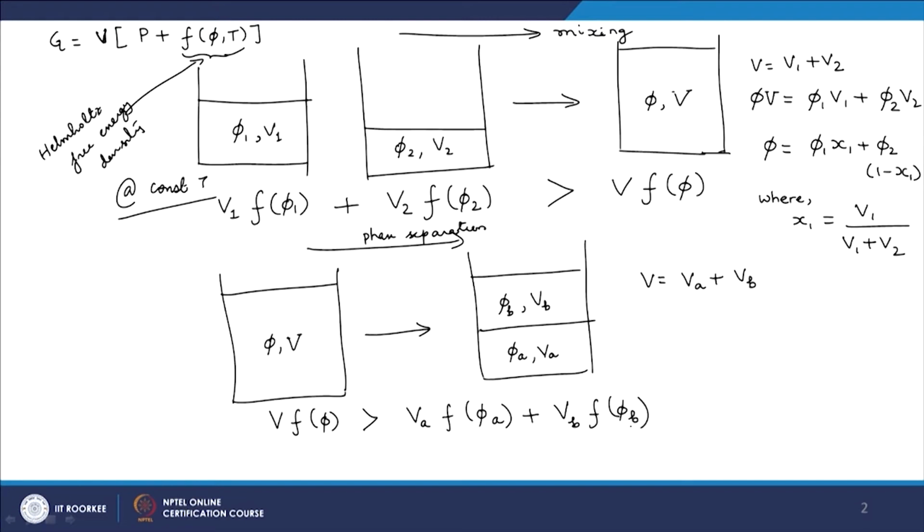To put it simply, mixing or phase separation is given by a free energy criterion: whichever direction leads to a decrease in the free energy will happen. If the phase separation results in a lowering of free energy, the system will phase separate. On the other hand, if mixing leads to a lowering in free energy, the mixing will occur.